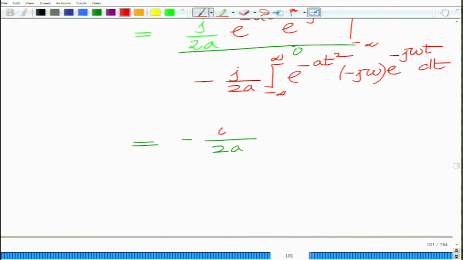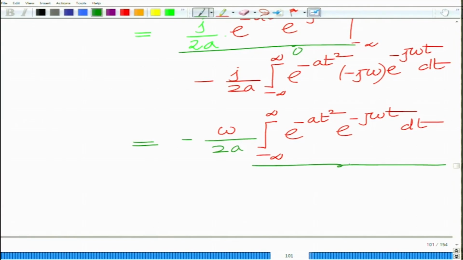So, this becomes minus omega over 2a integral minus infinity to infinity e raised to minus a t square e raised to minus j omega t dt, and if you recognize this, this is nothing but X of omega, that is the Fourier transform of e raised to minus a t square.